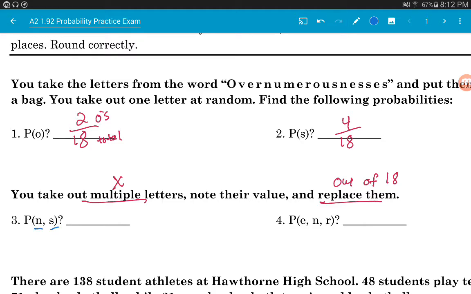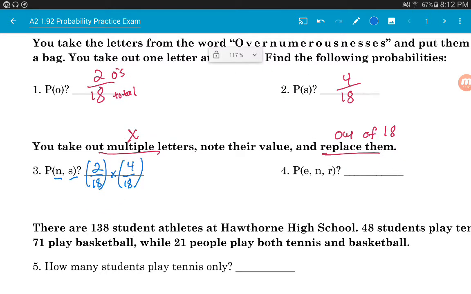The probability of getting an N out of this word is 2. So it's 2 out of 18 times, because it's multiple trials, and there are 4 S's out of 18 still. I would throw parentheses around those and do that in the calculator. Just in the interest of time, I'm not going to.